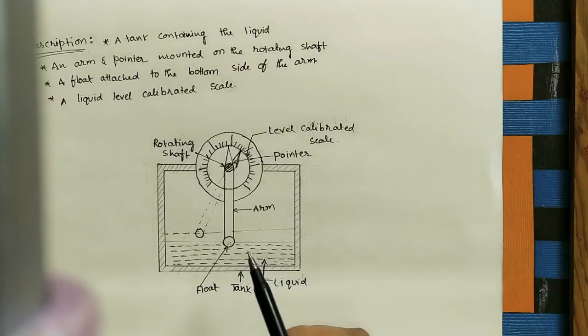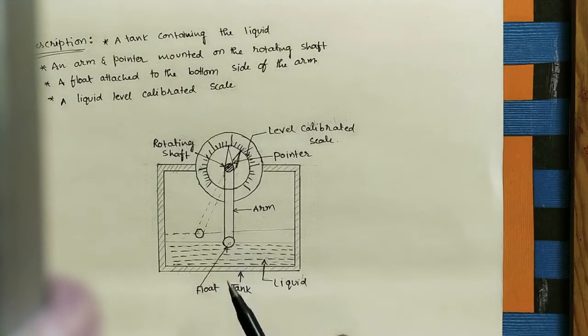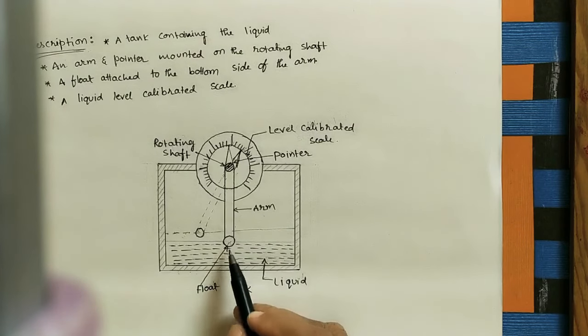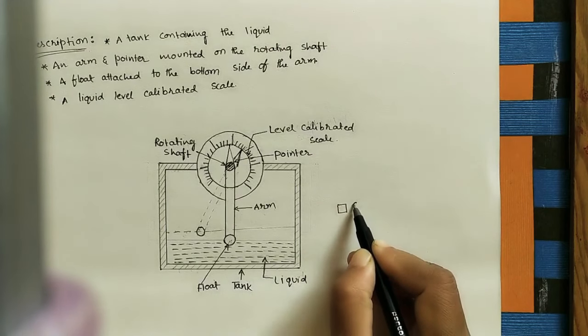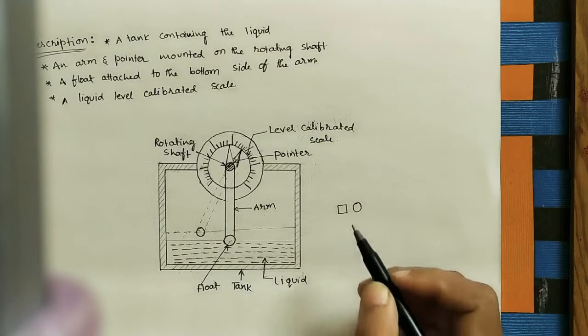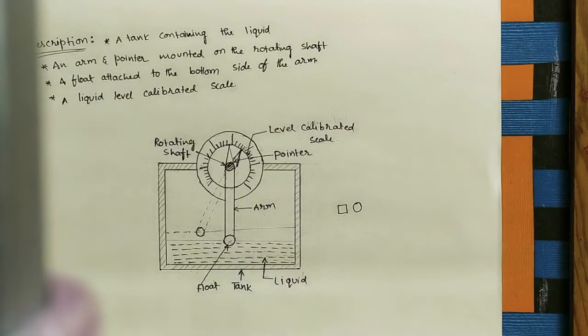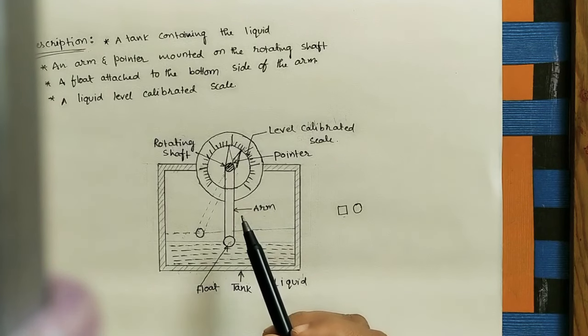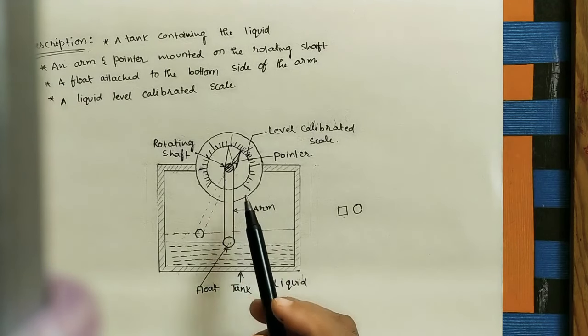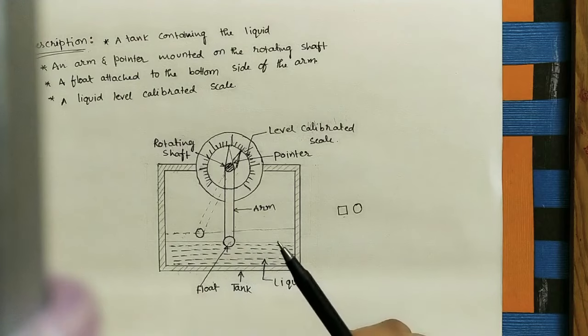And the shape of this float is either cylindrical or spherical. These two shapes we are using. And what are the advantages of using this gauge? It will give the accurate value, and because of simple arrangement the cost is also less and maintenance also less.